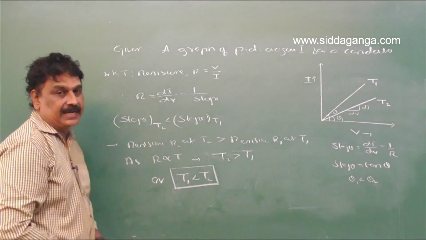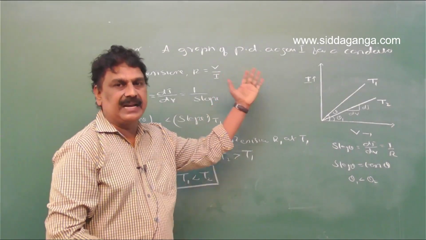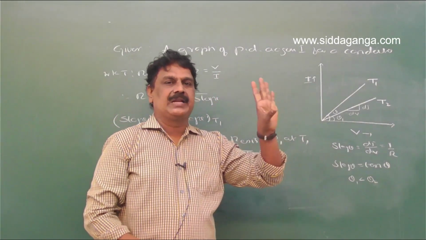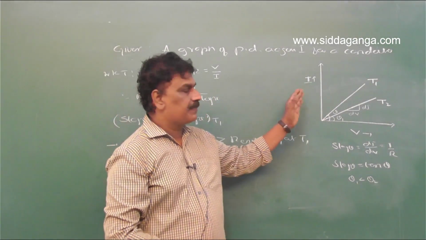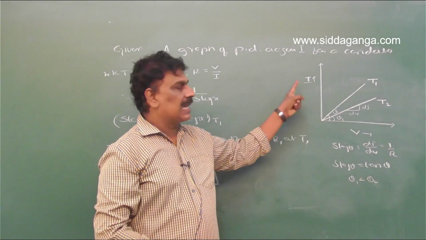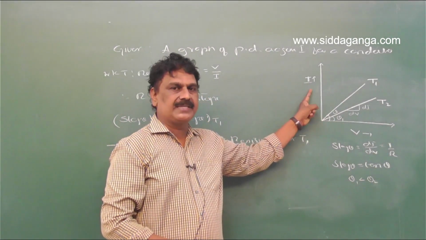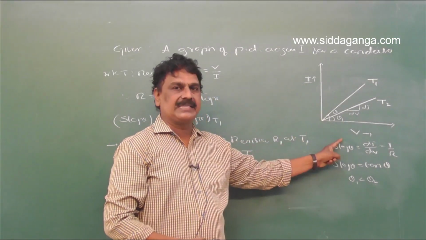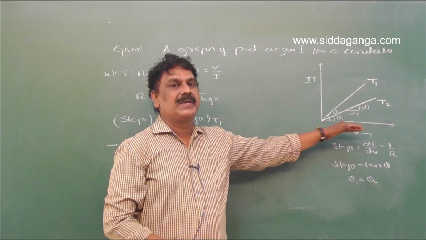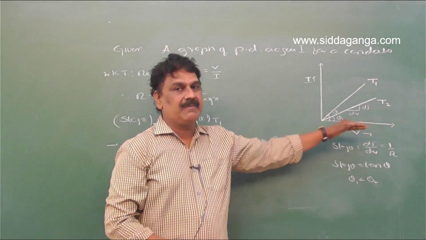See here, don't get confused. Generally it is a graph of potential difference against current, and if the graph is plotted by taking potential difference along the y axis and current along the x axis, then the slope is equal to R, that is dV by dI.